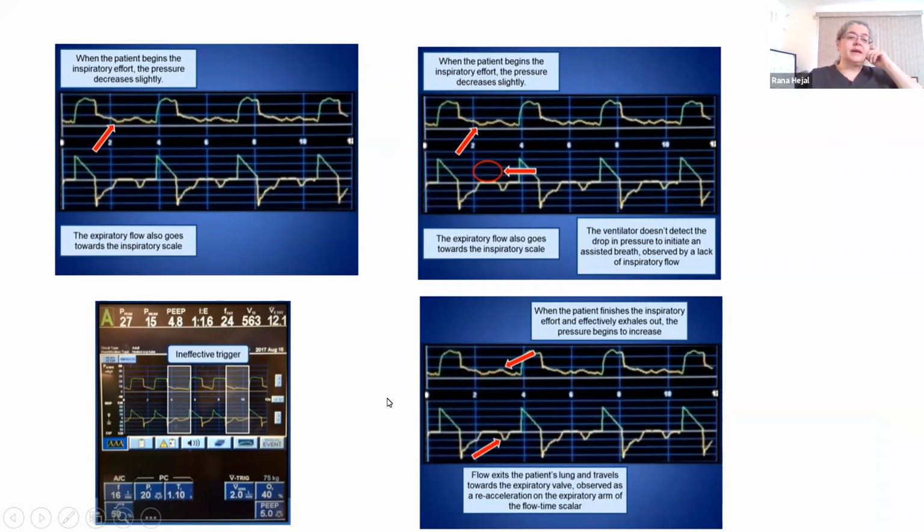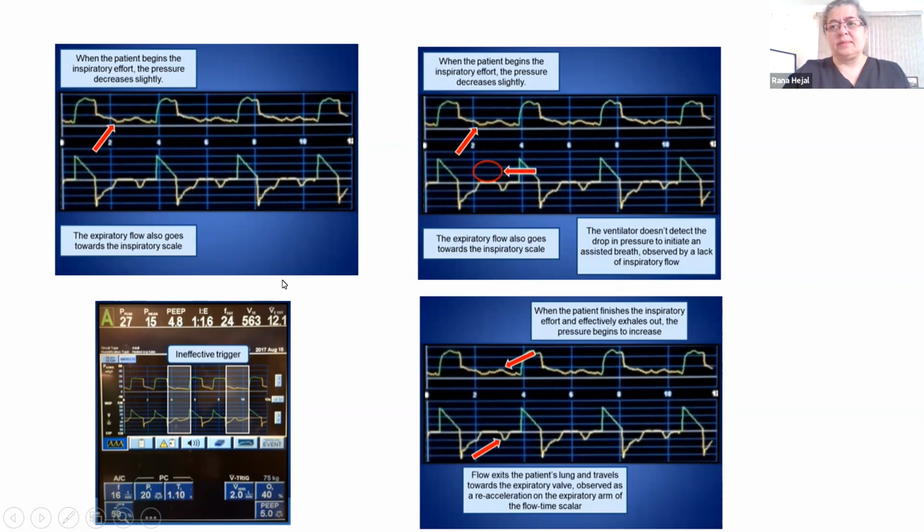So when you're looking at dyssynchrony, you have to look at every aspect of the curve and figure out where the problem is happening. And the problem can be happening at the trigger part, at the initiation of the breath, or at the delivery of the breath during inspiration, or at the end of it during expiration, or better to say, during the cycling of it.